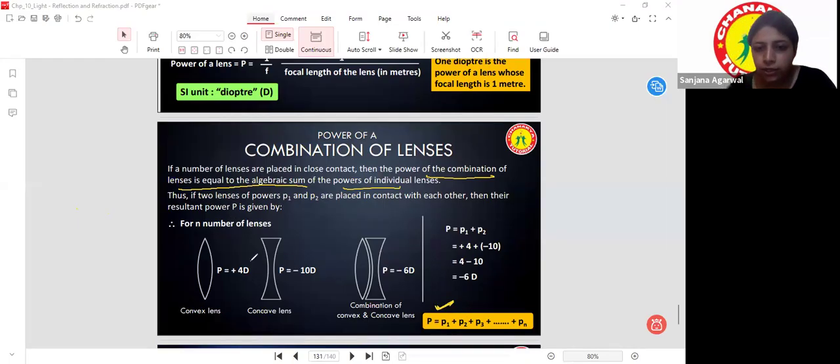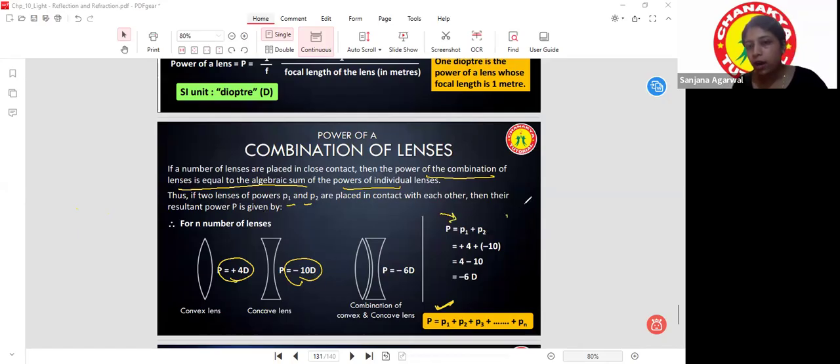For example, if two lenses of power P1 and P2 are placed in contact with each other, then the resultant power is given by, let us say, a convex lens of power plus 4 diopter combined with a concave lens of minus 10 diopter. Apply this formula, P equals P1 plus P2. Do not forget the sign.